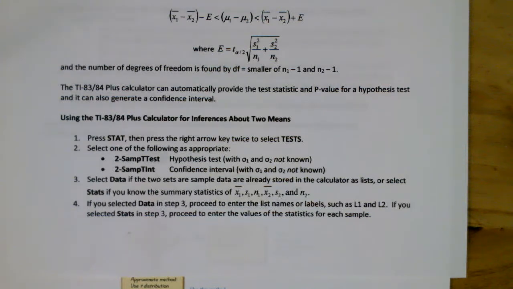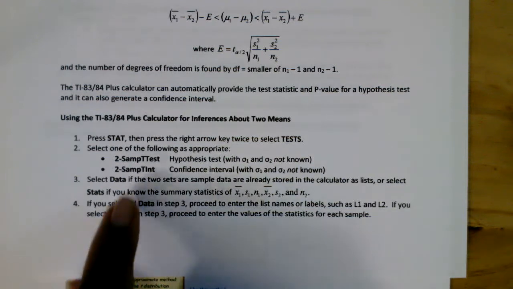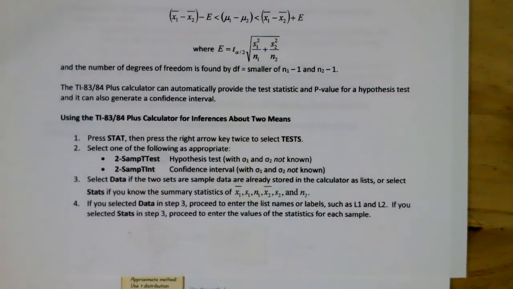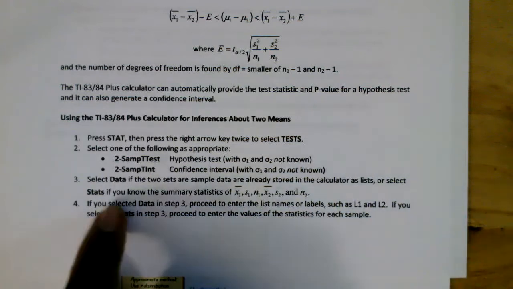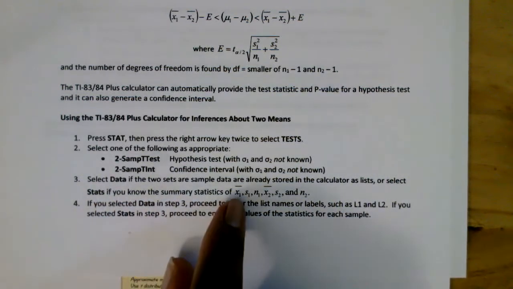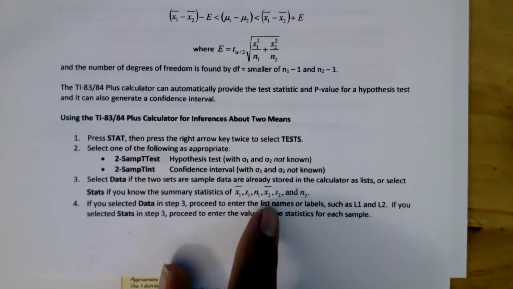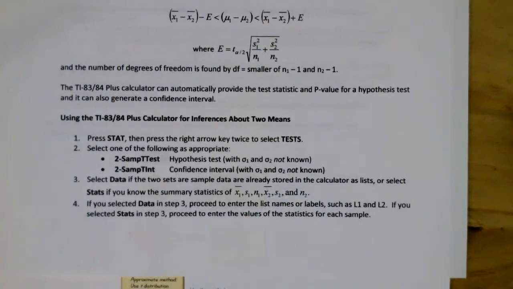Then number 3, you want to select either data if your two sets of sample data are already stored in the calculator as lists, or we select stats if we know the summary statistics. That's x1 bar, s1, n1, and then x2 bar, s2, and n2.